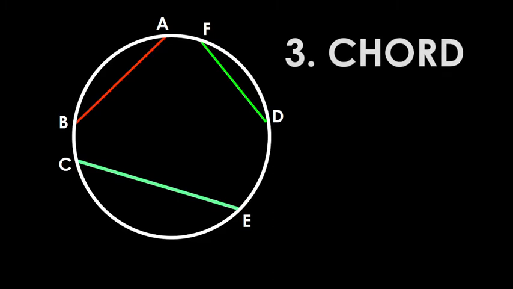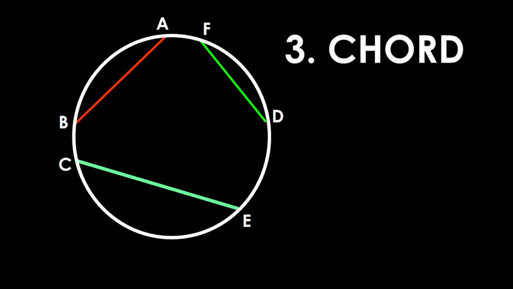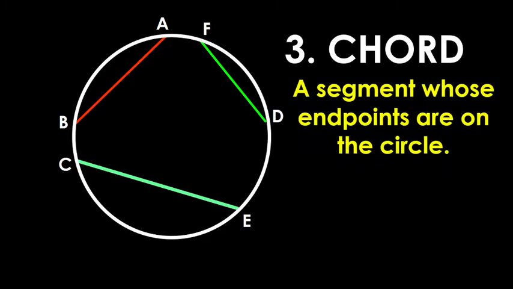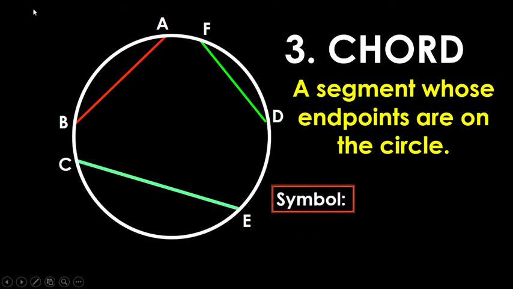Next, number 3, we have the so-called chord, a segment whose endpoints are on the circle. Okay, so it is a segment. Let's have the given chords. The first one is line segment BA or line segment AB.